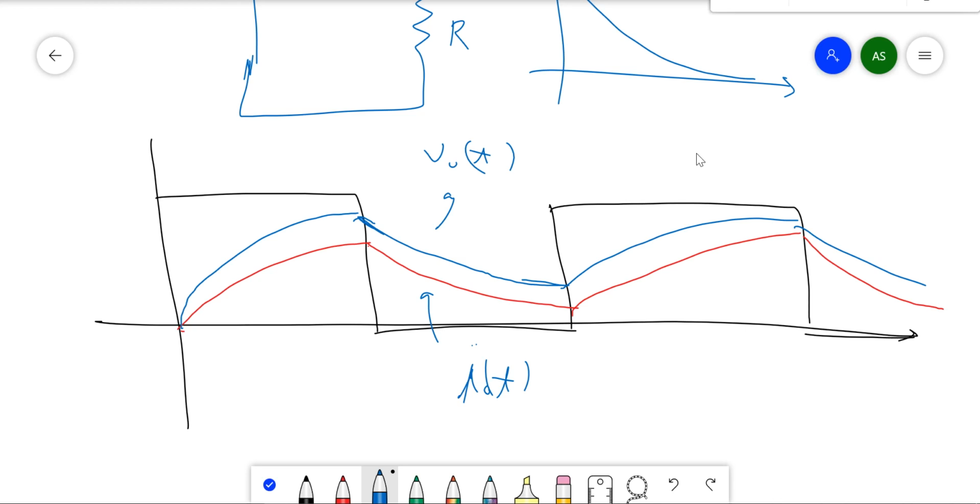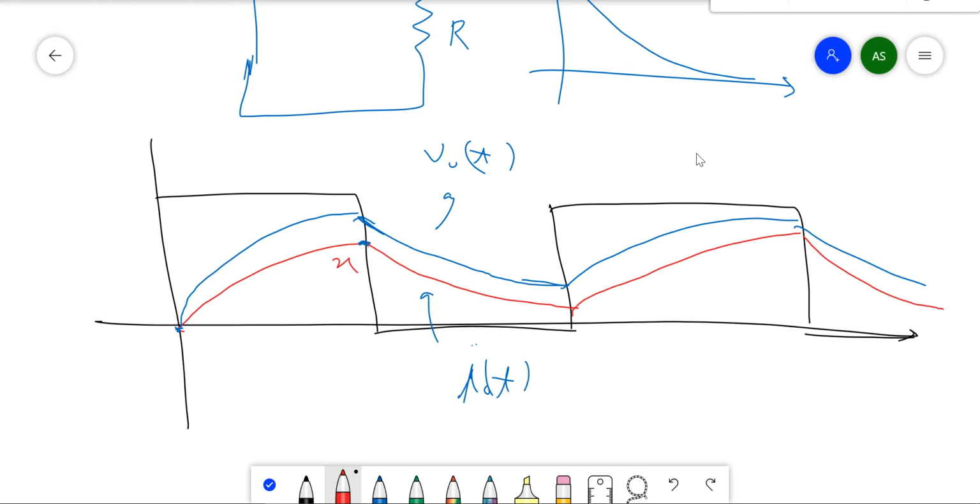Okay, so what we can do, we can start our analysis from t equal to 0. We will calculate this current. Okay, what will be the value of this current? We will first calculate the waveform, and then with the help of that waveform we will calculate this value of current. Suppose we give it the value x.